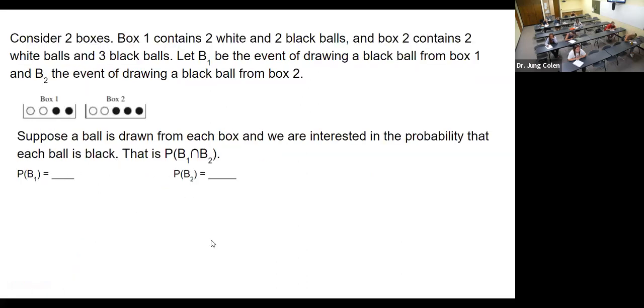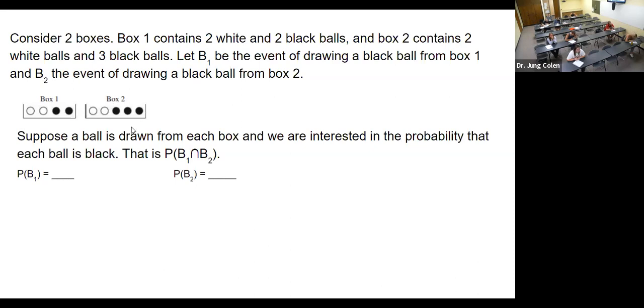Now I want you to consider this. We have 2 boxes. In box 1, we have 2 white balls and 2 black balls. In box 2, we have 2 white balls and 3 black balls. Let B1 be the event of drawing a black ball from box 1, and B2 is drawing a black ball from box 2.